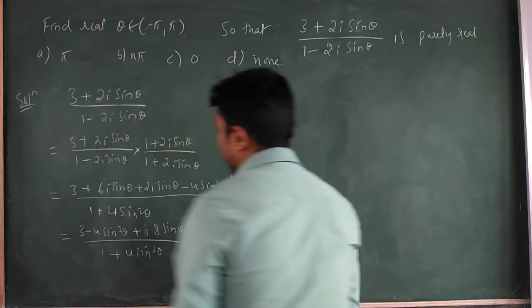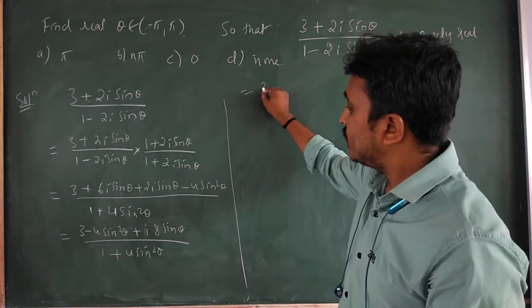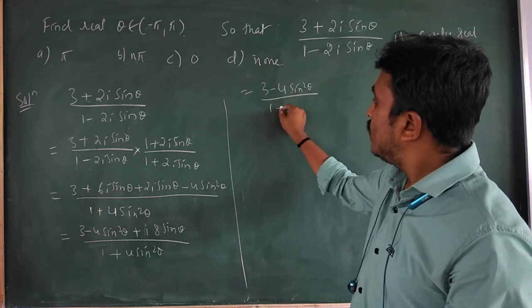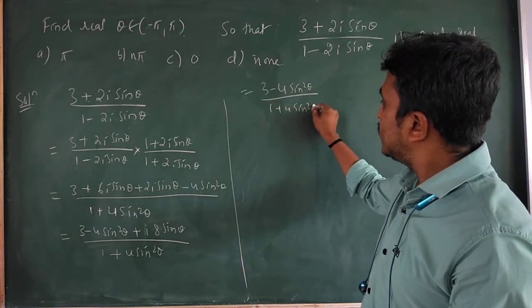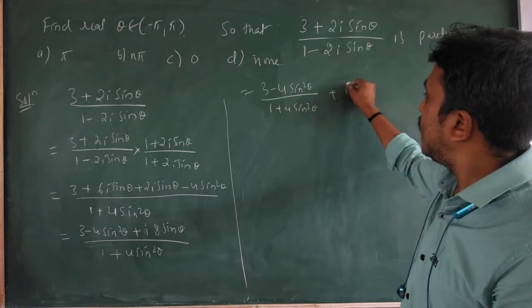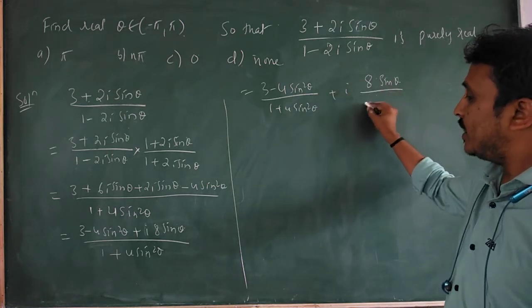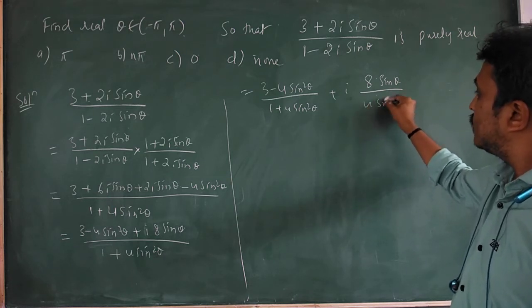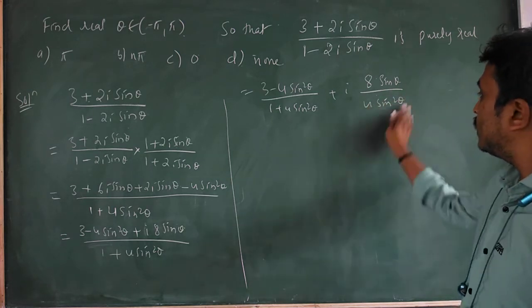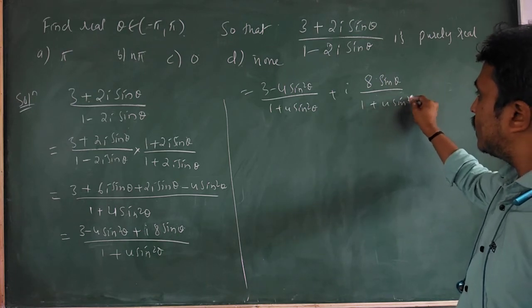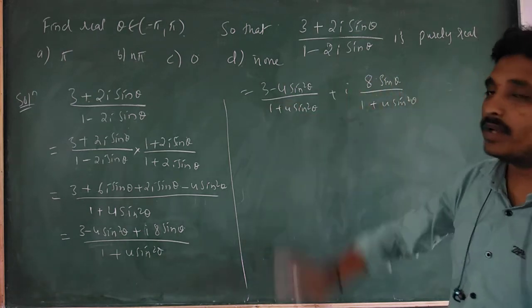We can write it in the form of (3 minus 4 sin square theta) divided by (1 plus 4 sin square theta) plus i into (8 sin theta divided by 1 plus 4 sin square theta). Now it is in the form of a plus ib.